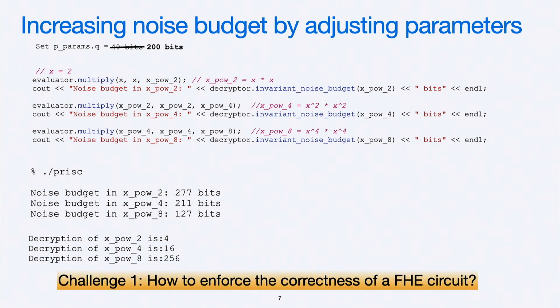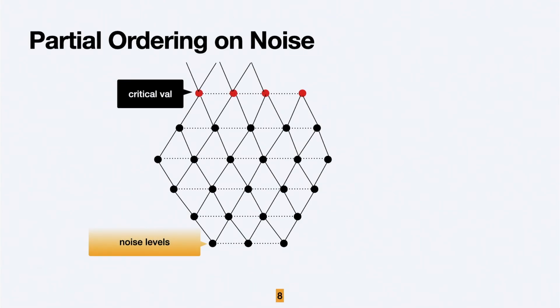So the first problem we wanted to deal with was how we can enforce correctness in the circuit, and here come the basic types. We can see the entire scenario in this lattice. I would like to point out that it is a two-dimensional lattice, and there is a reason for it. I will come back to this. Each point in the lattice can be thought of as a type.